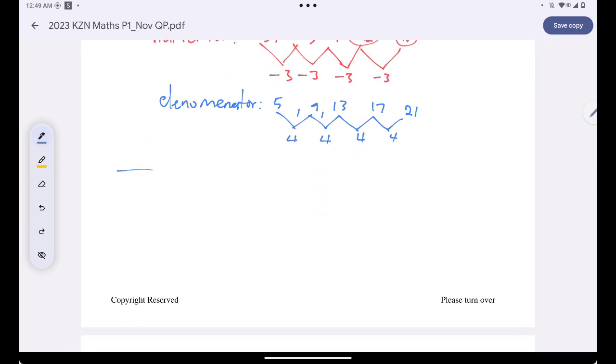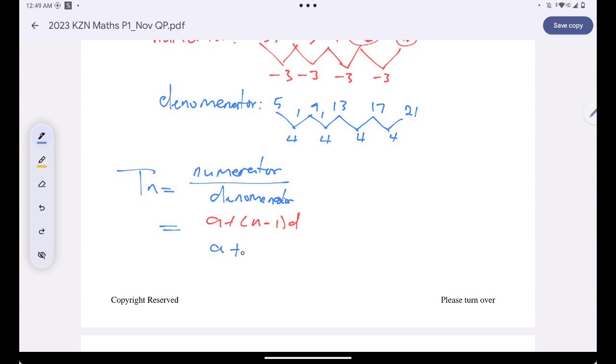The nth term, my Tn, should consist of the numerator and the denominator together. How so? My sequence is arithmetic at the numerator. Let me write it in red. I have a plus n minus 1 d, and then at the denominator I also have a plus n minus 1 d.